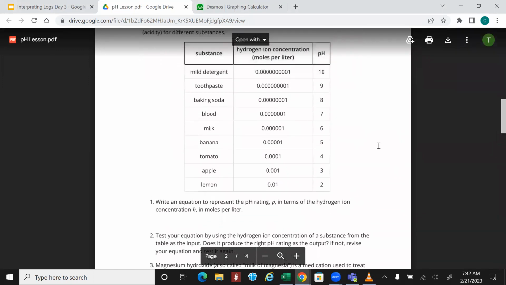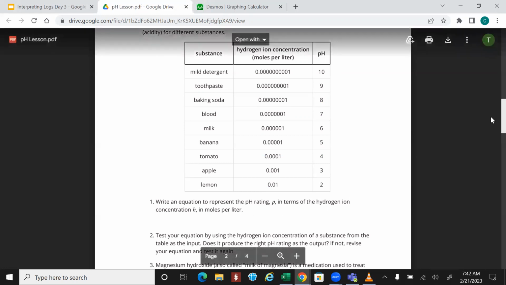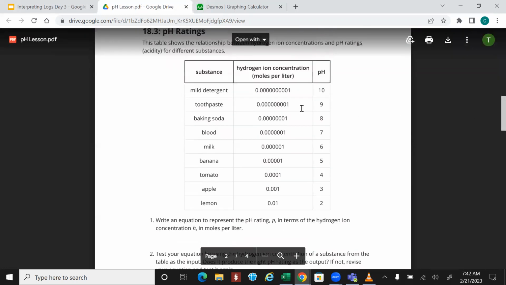Okay, so write an equation to represent the pH rating in terms of the hydrogen ion concentration H in moles per liter. We've kind of already done this. So we have negative log of the hydrogen ion concentration equals pH, right?